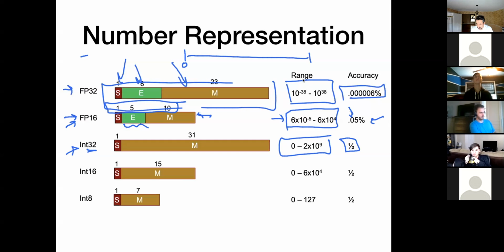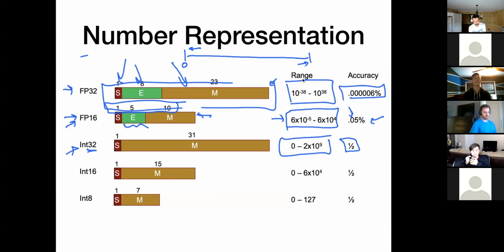So when you're approaching the upper end with a floating point, or you're approaching the lower end closer to 0, the actual precision that you get would be different when it comes to floating point.